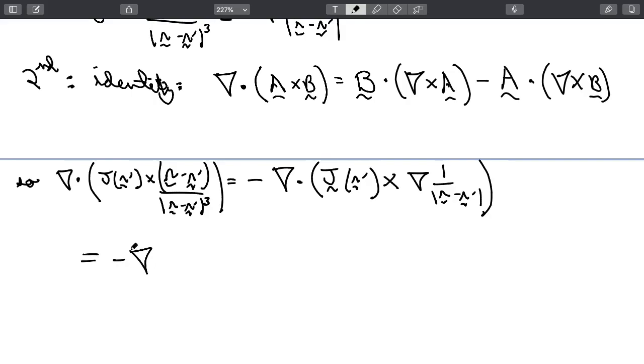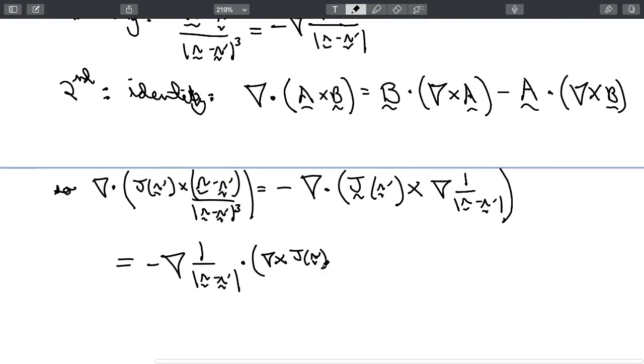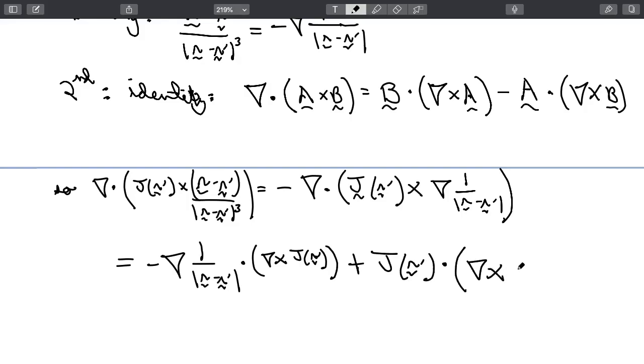I'll get minus gradient of 1 over |R minus R prime| dotted into the curl of J of R prime, and then plus J of R prime dotted into the curl of the gradient of 1 over |R minus R prime|.